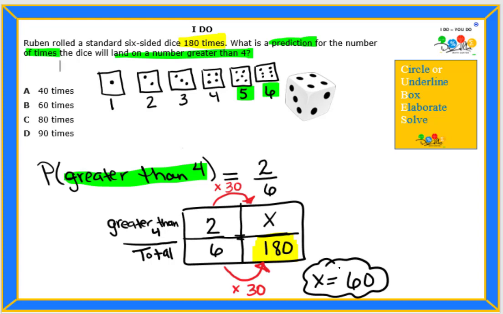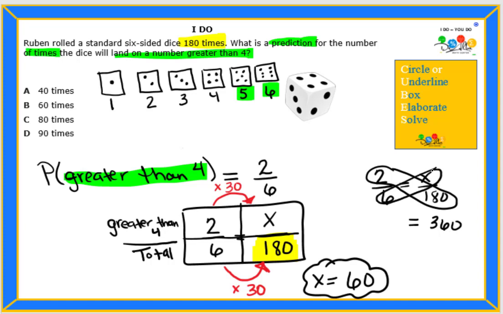Now, if you want to use cross products, you can also use cross products. So we can do 2 over 6 is equal to x over 180. And we can do 2 times 180, which would be 360, is equal to 6 times x.